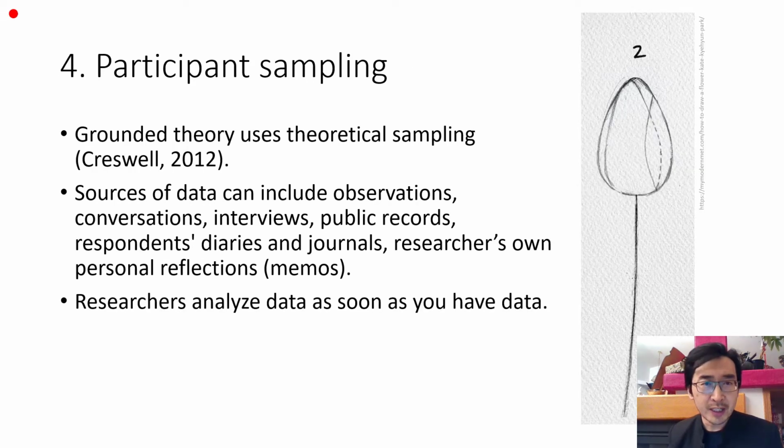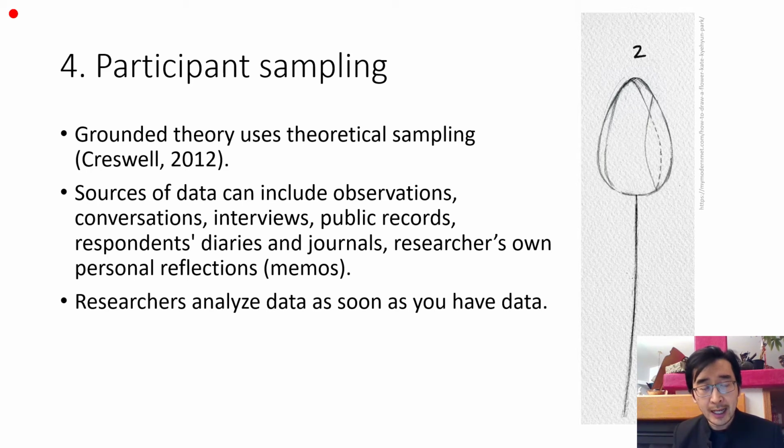So as far as participant sampling goes, grounded theory uses something called theoretical sampling. That is, the researcher goes out and finds participants that would have interesting points of view about this one central idea that you're trying to find, this core category, if you will. And the source of the data can include observations, conversations, interviews, public records, diaries, and even the researcher's own personal reflections or their memos.